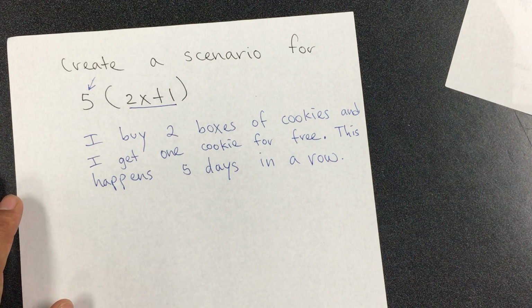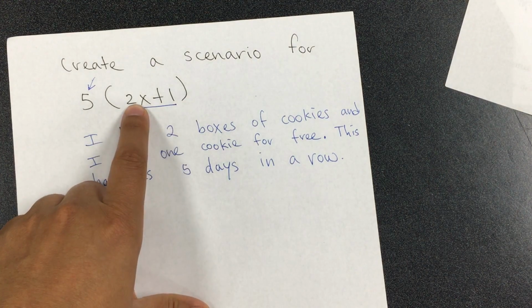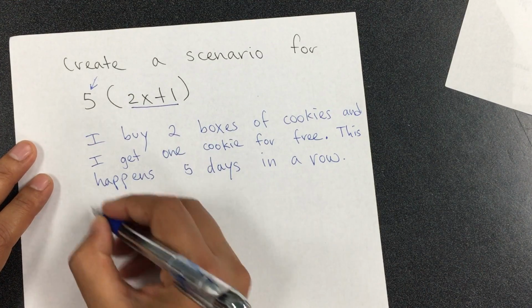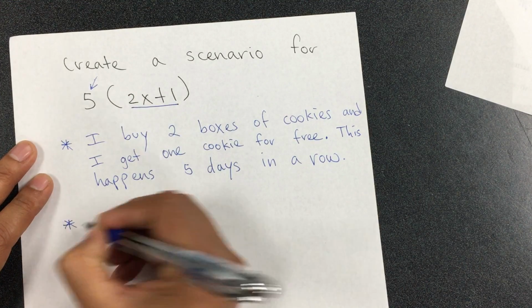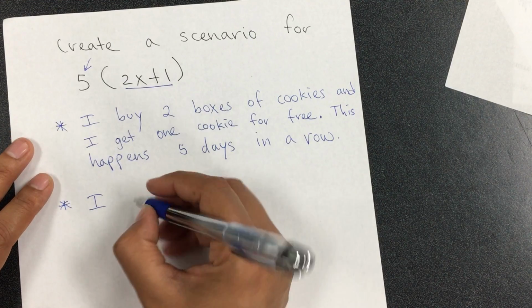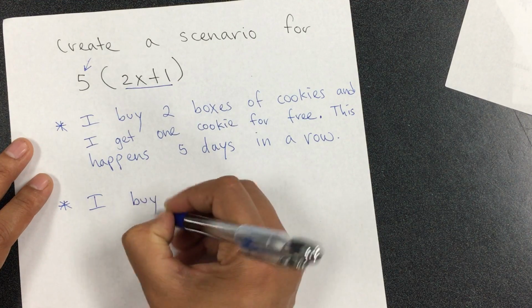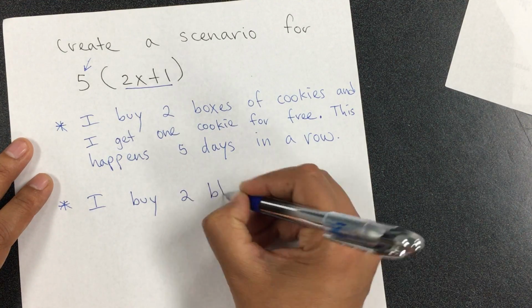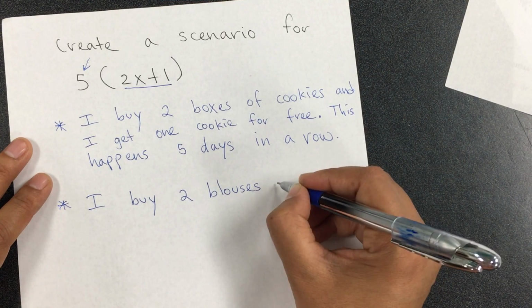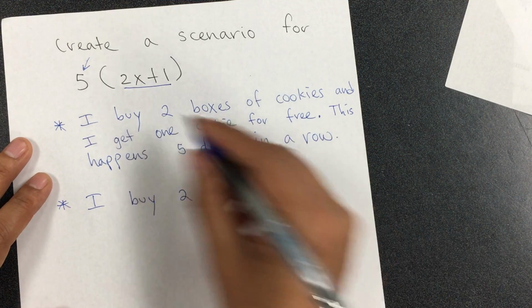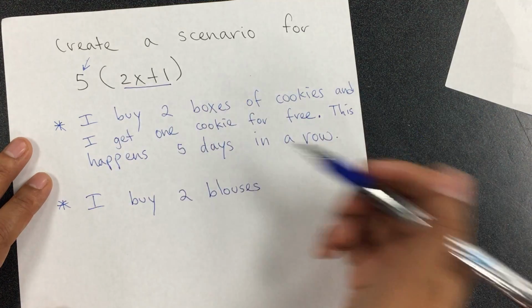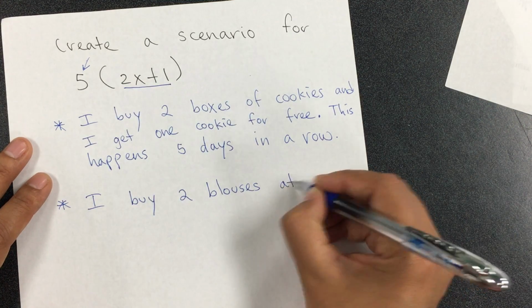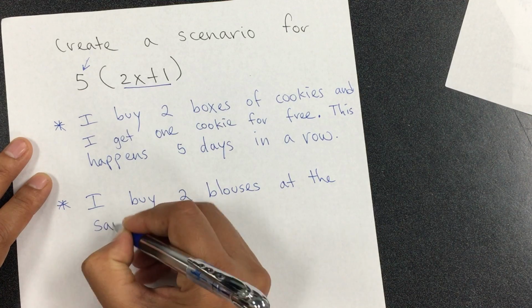Okay, let me see if I find another example that could go in here. I buy 2 blouses. Okay, so that's the 2 blouses. We don't know the price. At the same price.